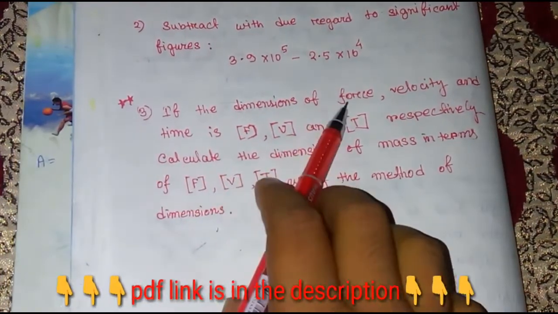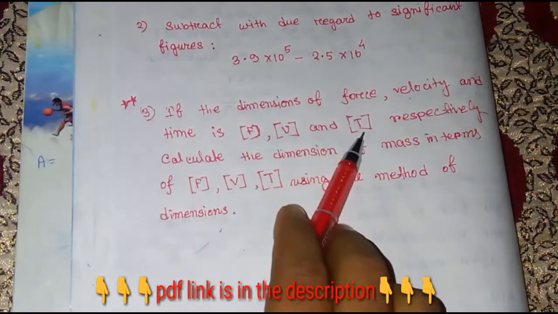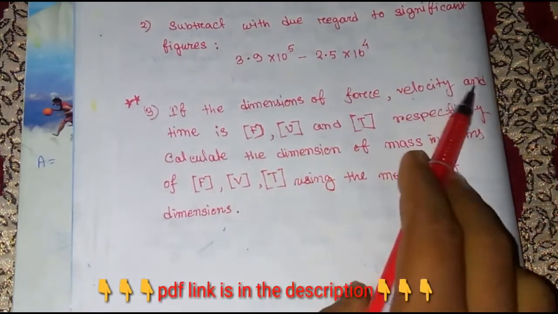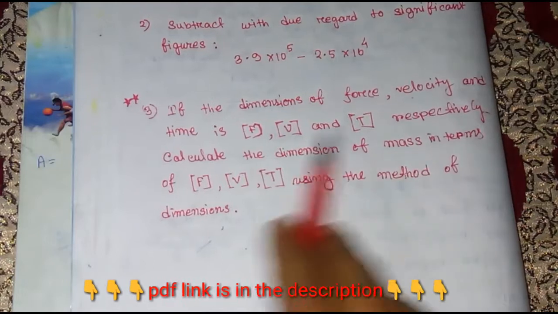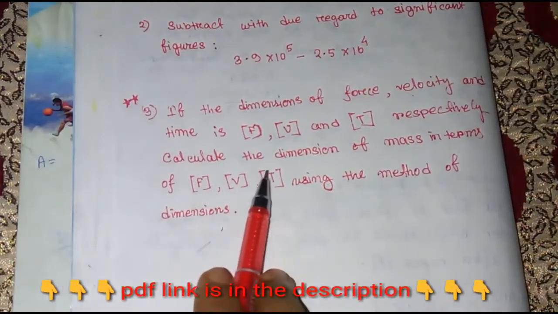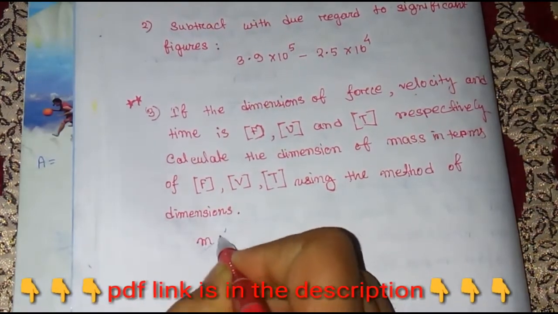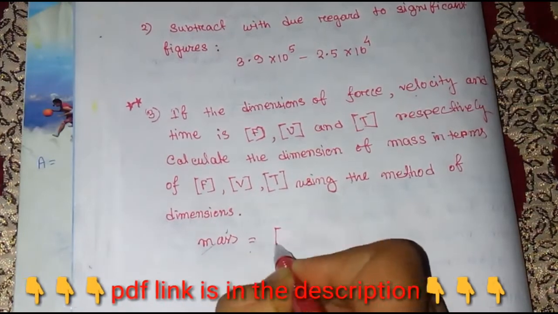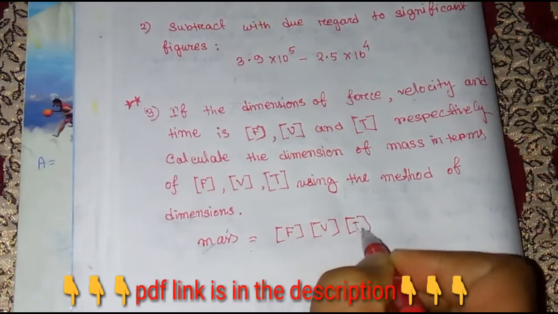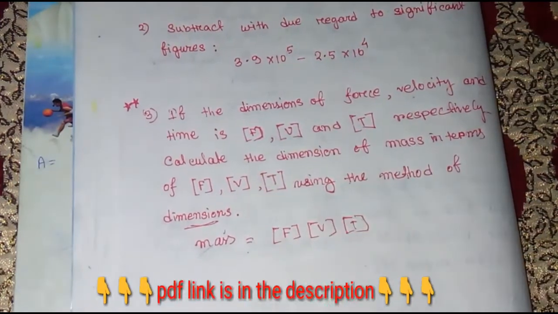If the dimensions of force, velocity and time are written as F, V and T respectively, then calculate the dimension of mass in terms of force, velocity and time, using the method of dimensions. So it is very important.